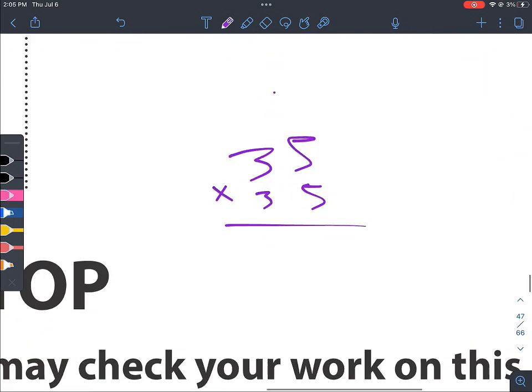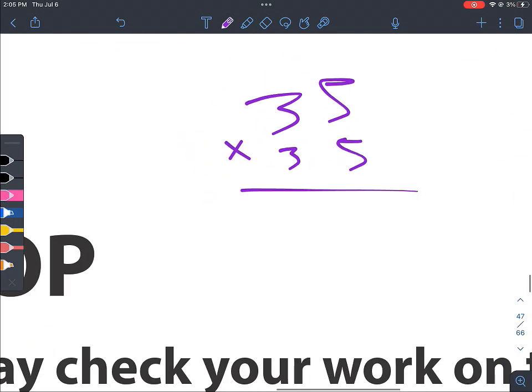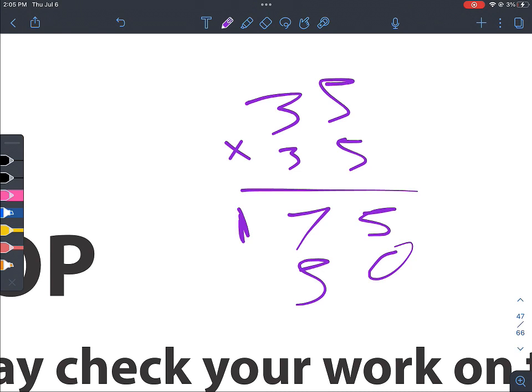Okay, 5 times 5, 25. 5 times 3, 15, right? So 175. Just going through this so it doesn't confuse me. Okay, 15. Yeah, 15. 3 times 3, 9. 9 add the 1, that's 10.